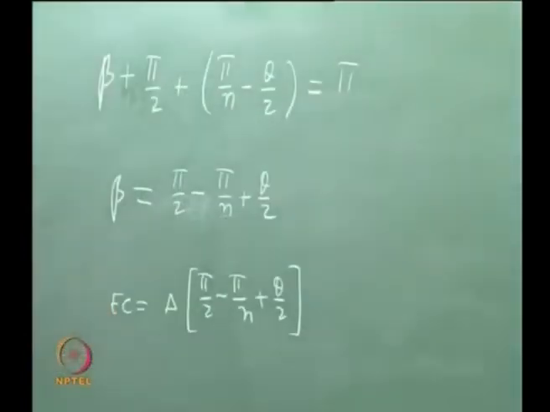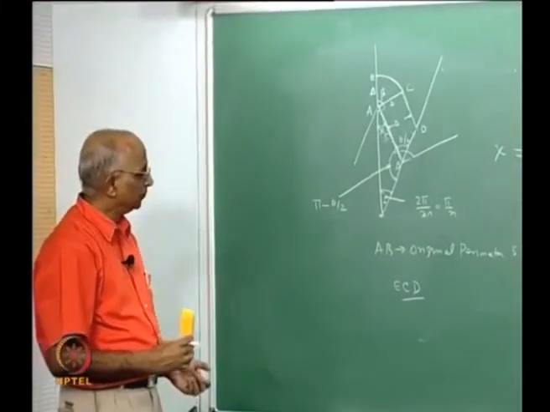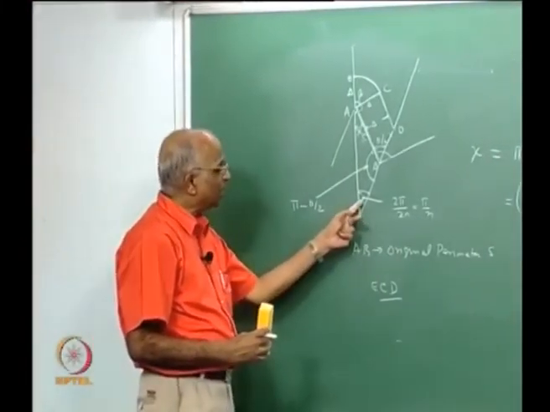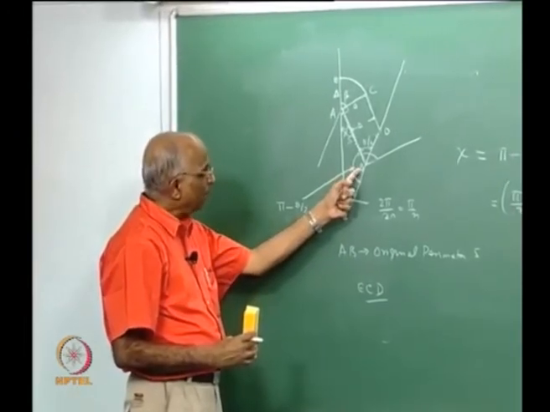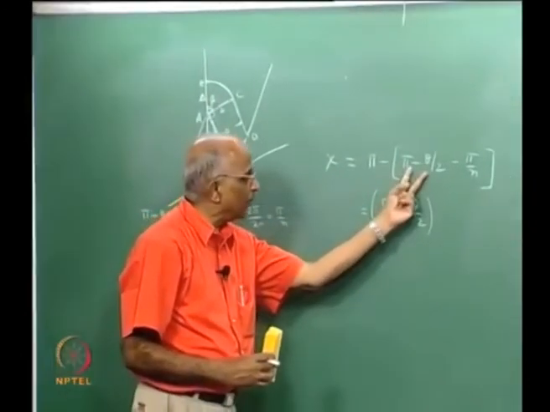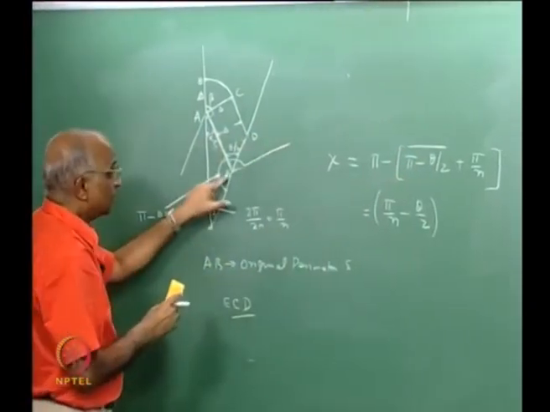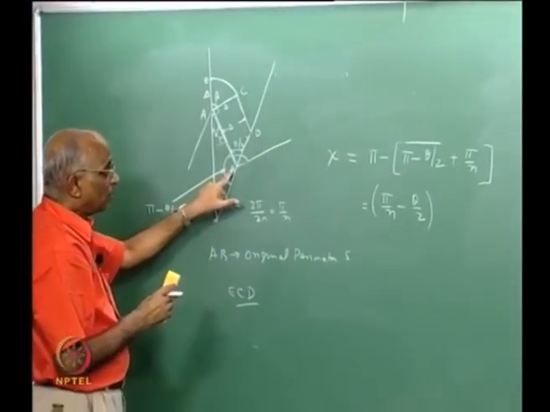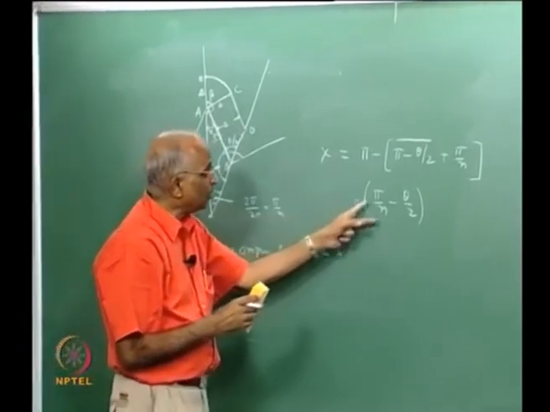Okay. Let us check the angles. Can you just check it? What did we tell ourselves? This angle is pi by n. This angle becomes pi minus theta by 2. Therefore, this value is equal to pi minus theta by 2, and this is pi by n.